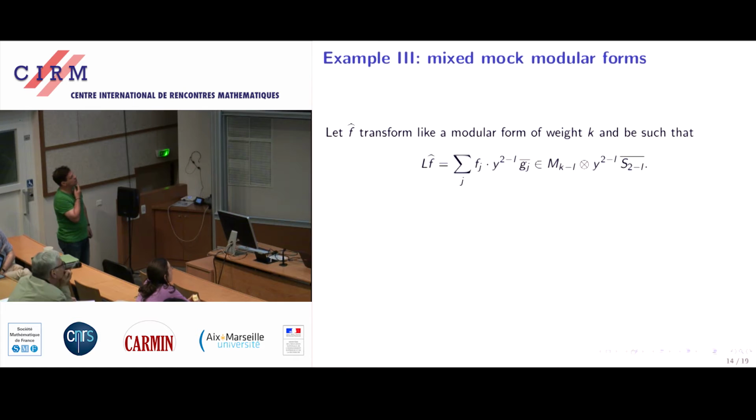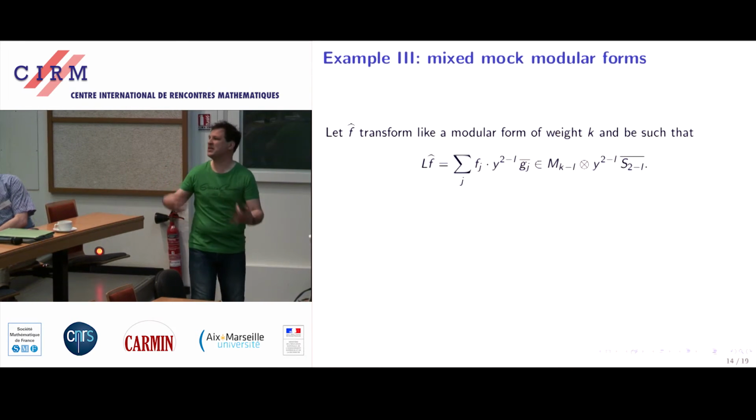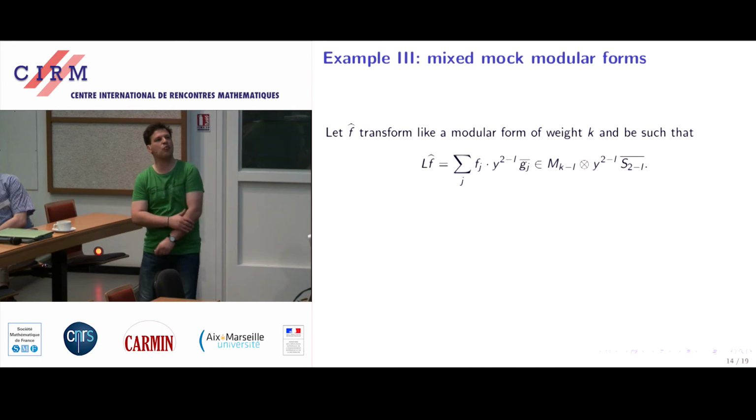As we've briefly mentioned, mixed mock modular forms, so mixed is one of the adjectives in our algebra. What happens there is that if you have an f hat again, you apply the Maass lowering operator, and you want it to be nicer, but here allow more.